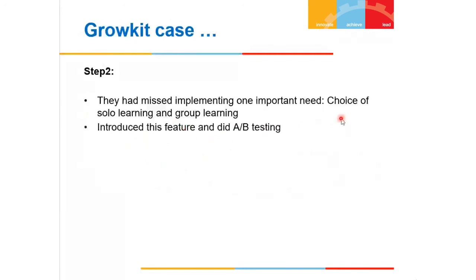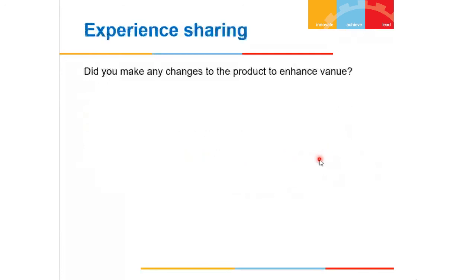He provided on his website a choice: either you can go for solo learning or you can go for group learning. Earlier, group learning was the only choice. Now he introduced one more choice, and by giving this choice only to some people, he found a significant increase in customer behavior, the learning of the students.